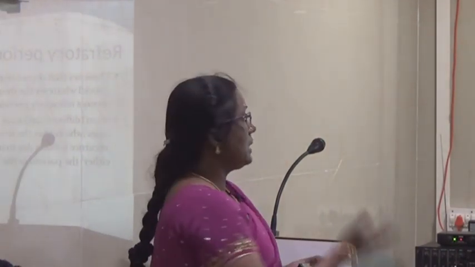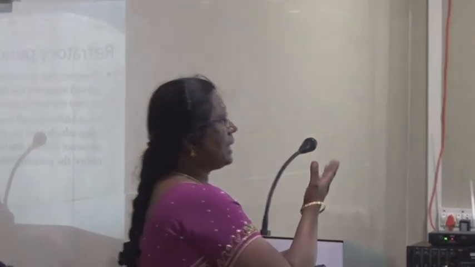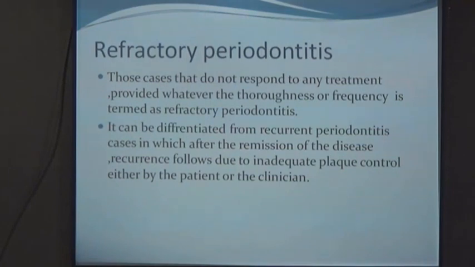That is only refractory. What is recurrent periodontitis then? Those cases that do not respond to any treatment, you call refractory. It can be differentiated from recurrent periodontitis, cases in which after the remission of disease, recurrence follows due to inadequate plaque control.